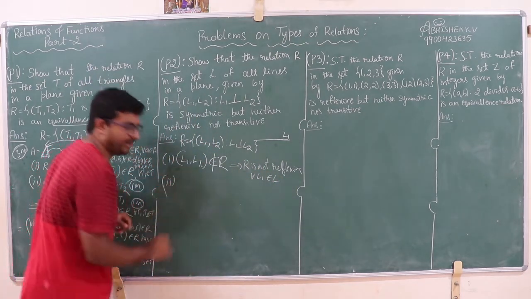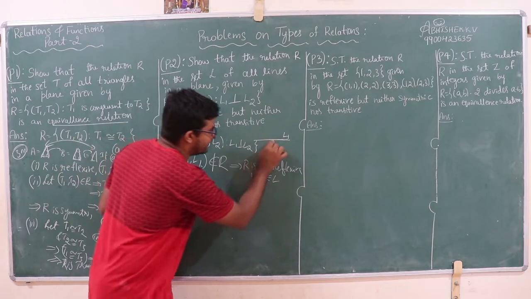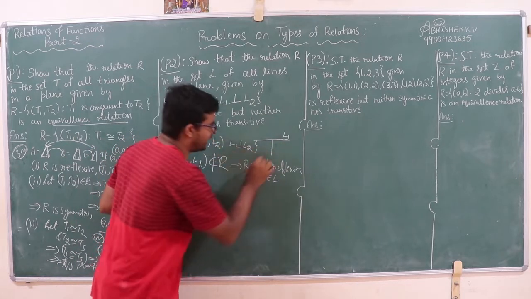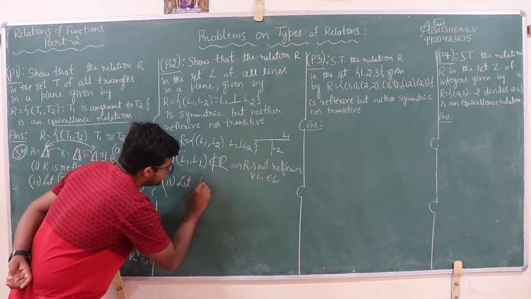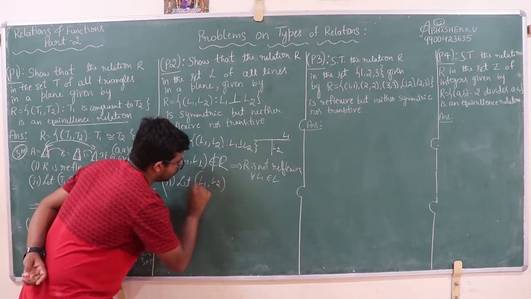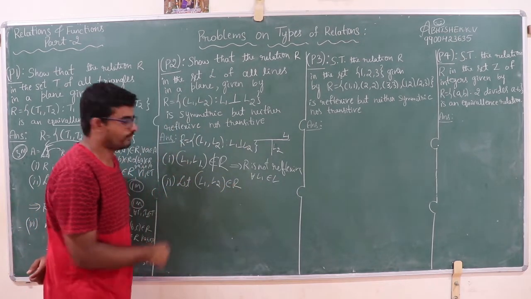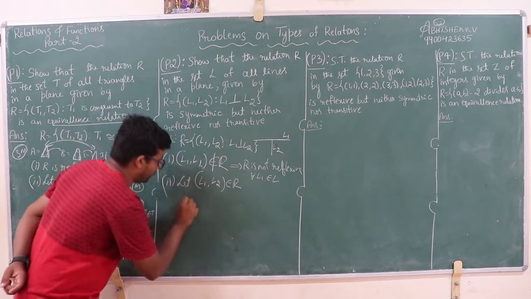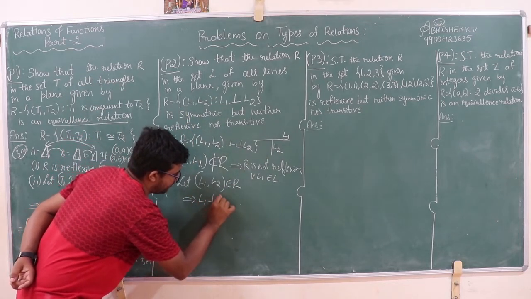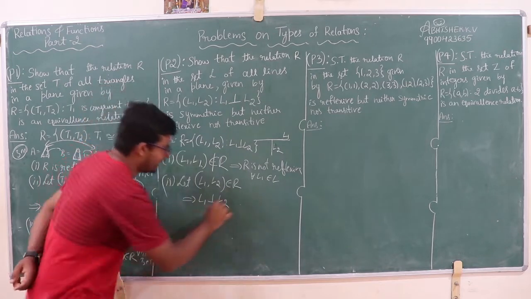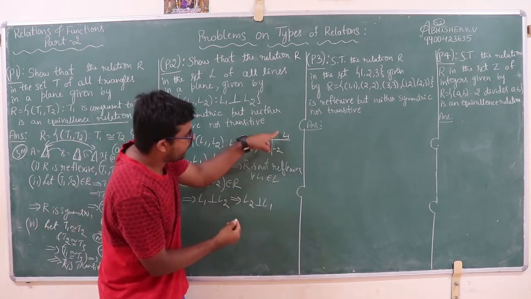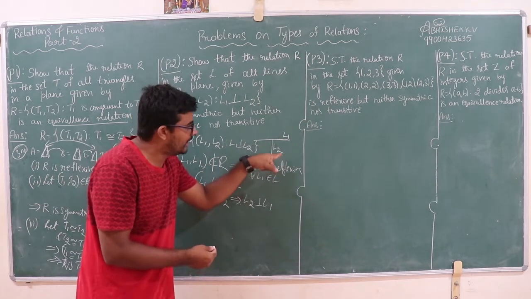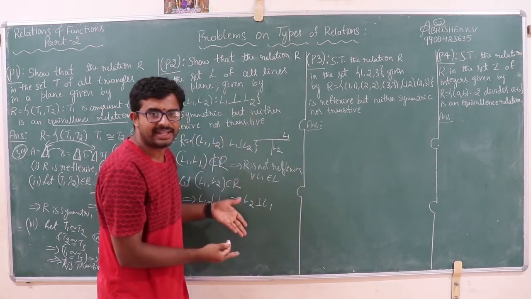Then for symmetric we have to consider two lines, right? If I consider another line, say L2, let (L1, L2) belong to the relation R. According to the given relation, what is this meaning? L1 is perpendicular to L2. This implies L2 is perpendicular to L1. See, if L1 is perpendicular to L2, L2 is obviously perpendicular to L1.